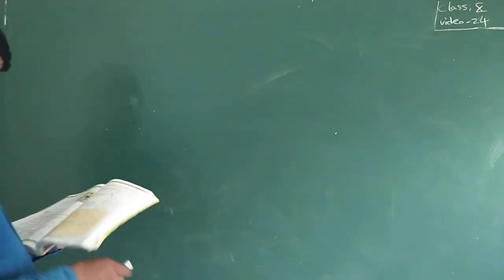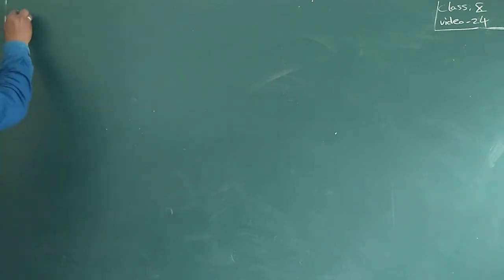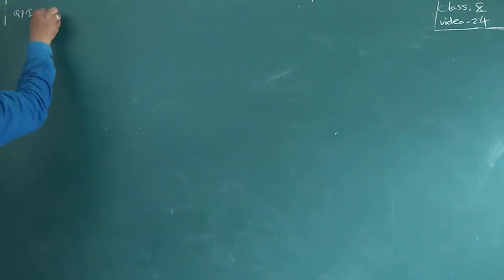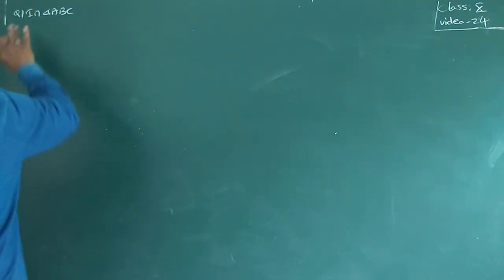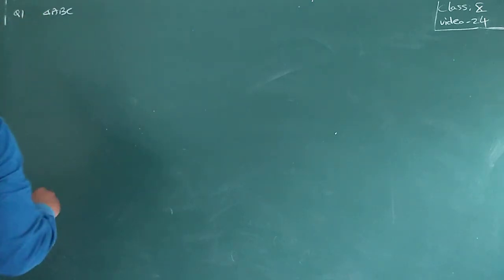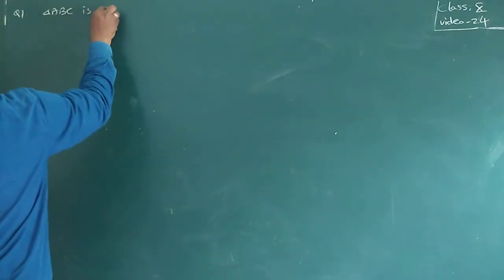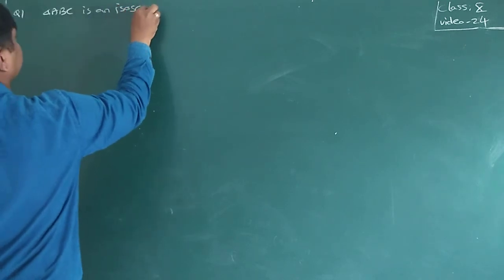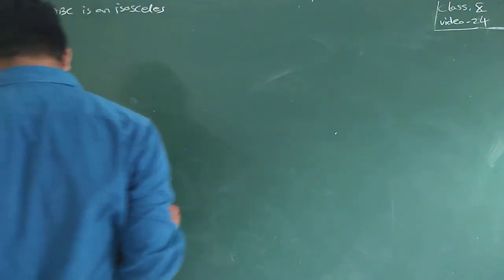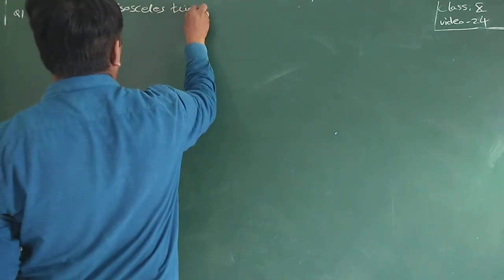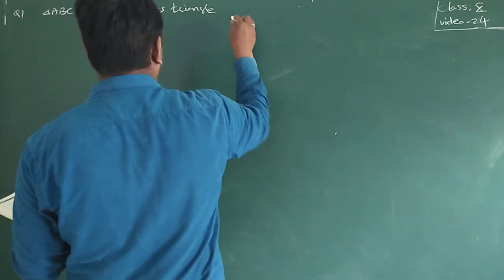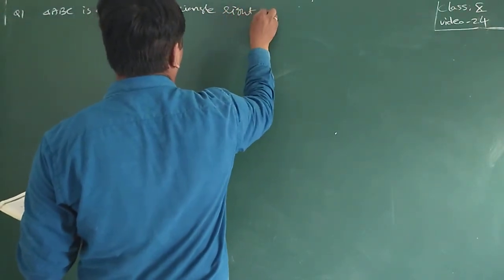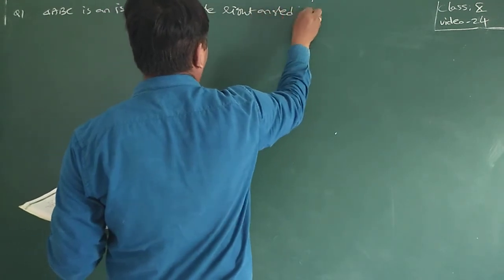Next one is: in triangle ABC, triangle ABC is an isosceles triangle, right angle at C. It is right angled as well as isosceles.